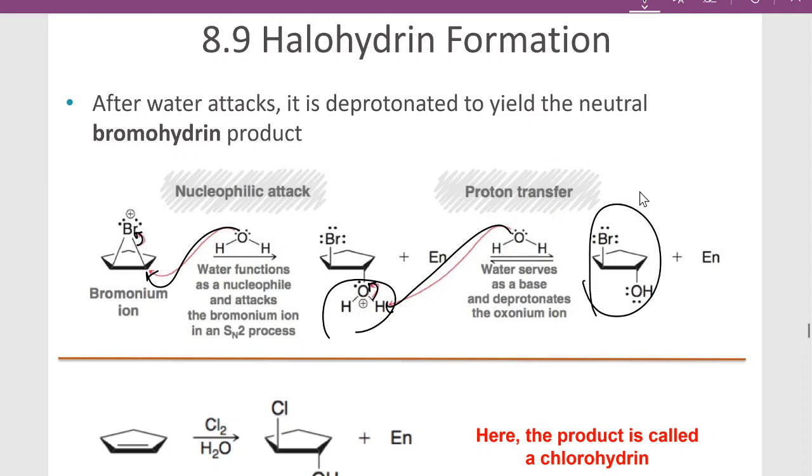We do form a pair of enantiomers because the bromine could be going down, the OH going up, and so forth. This is called a halohydrin as a product. And here we have a chlorine in the presence of water, and this is called a chlorohydrin.